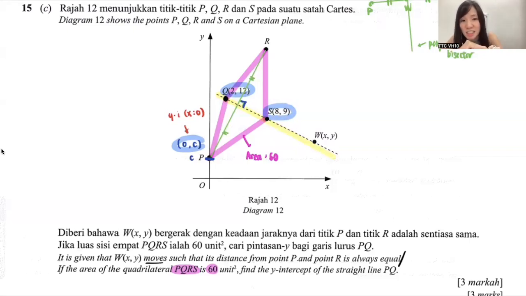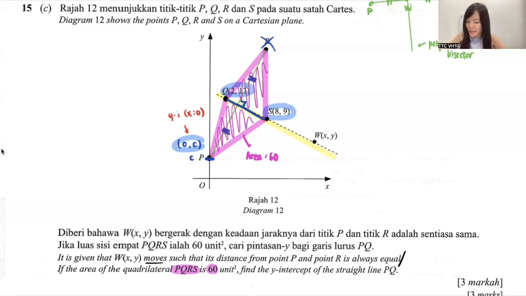So area is 60, but you can't do the area of PQRS because you don't have coordinate R. So actually if they are balanced, because just now they tried to tell you they are equal. So the equal just tries to tell you that this part here and here are balanced. So if here and here are balanced, you cut like that. Isn't it that means this pink color one and this pink color one, same size?